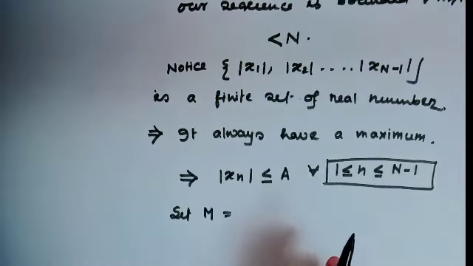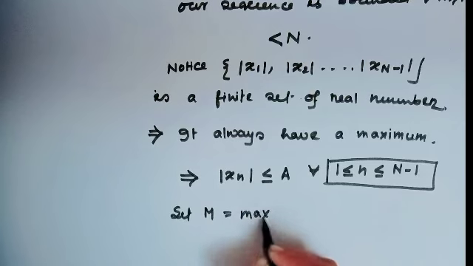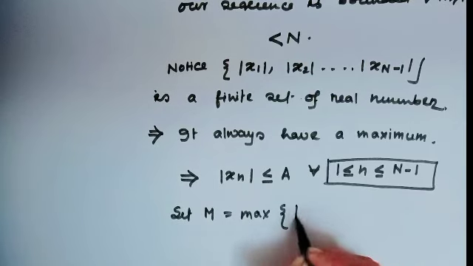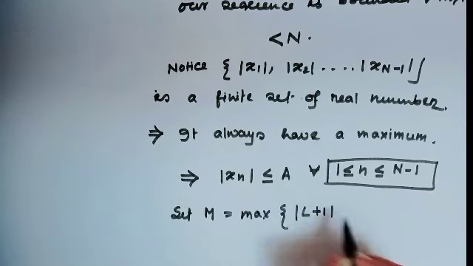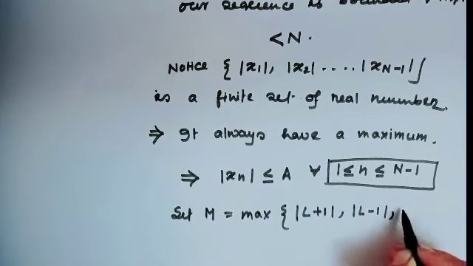Here M equal to, say, maximum of absolute value of L plus 1, absolute value of L minus 1, and A. Okay?